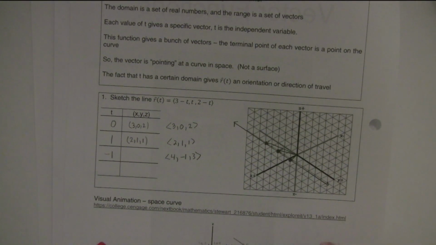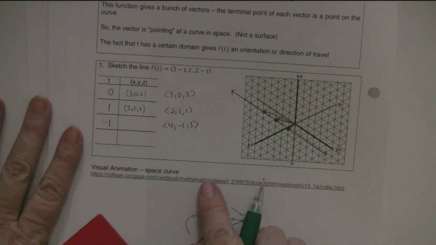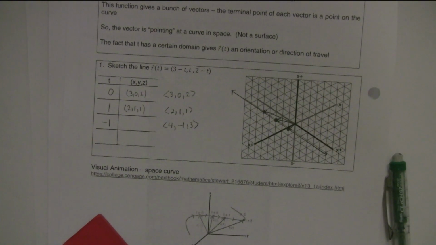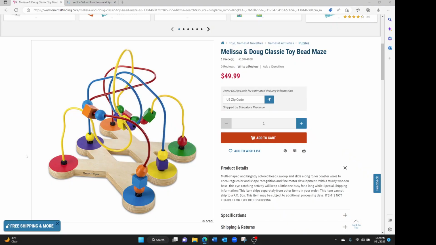So I wanted to look at this animation that they have on space curves. Actually, two things to look at on space curves. So let me see here. Computer screen, don't get dizzy here. And Alt Tab. And so this little toy right here, and I hope it's showing on your screen: the yellow is a space curve, and the red is a space curve, and the blue is a space curve.